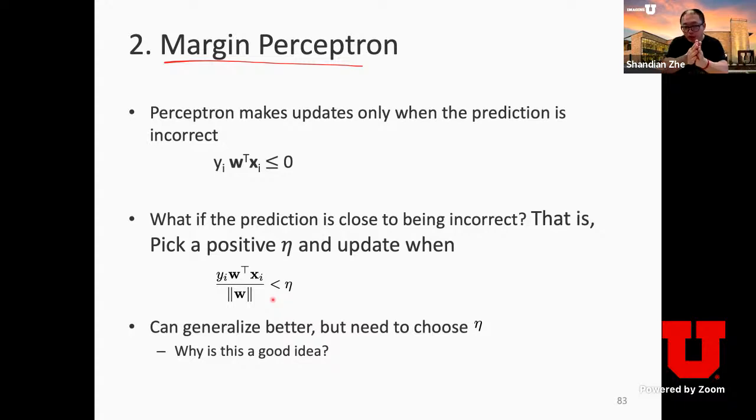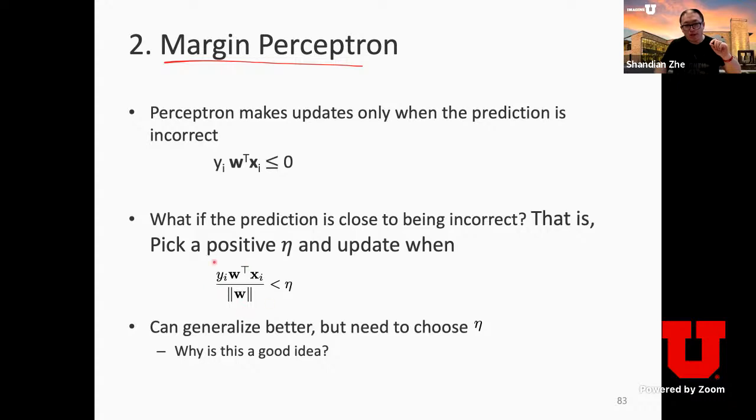You're still going to adjust the position and the angle of your hyperplane. So this actually makes more possible updates than the standard perceptron. If you make a wrong prediction, you're going to inevitably update your weight vector. This is the same as the standard perceptron. However, even if you make a correct prediction, but this fraction is still less than this threshold eta, you're still going to adjust it.